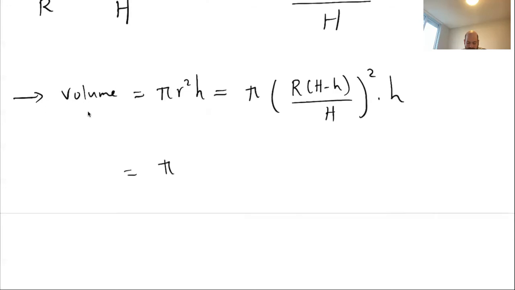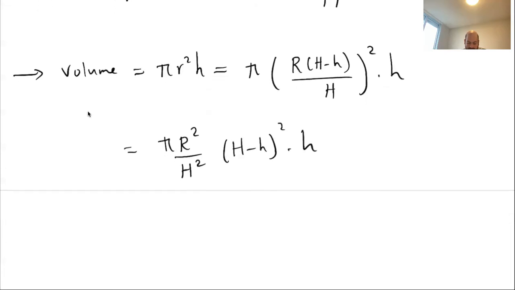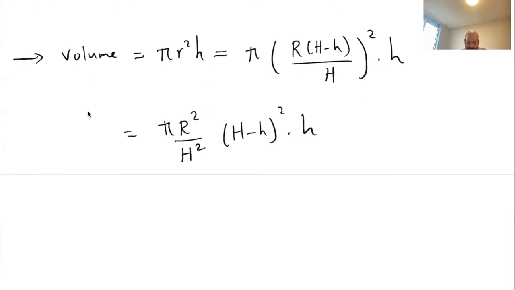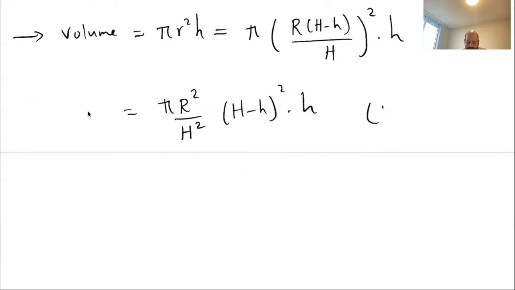So this one is pi R squared over H squared times (H minus h) the whole square times h. Okay, so we wrote V as a function of one variable only.